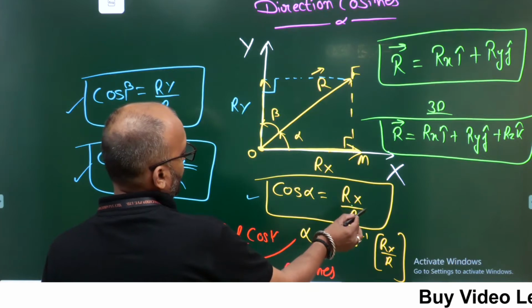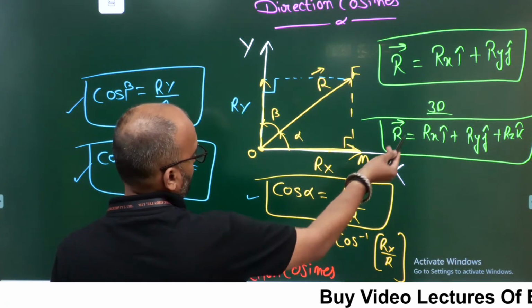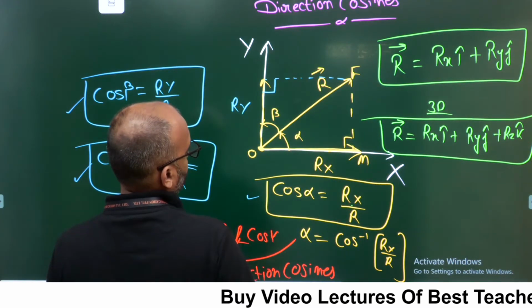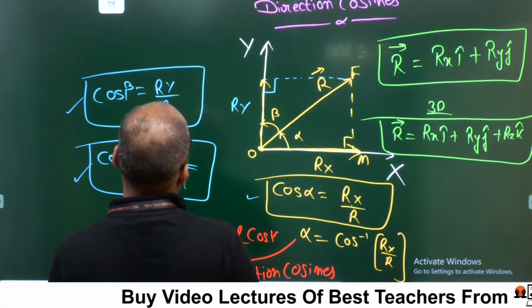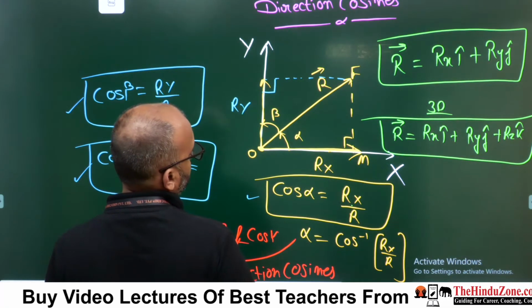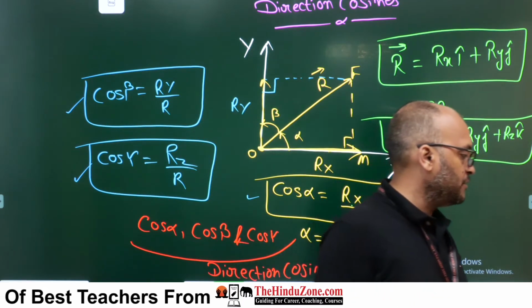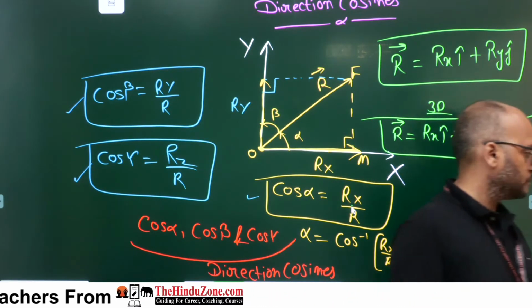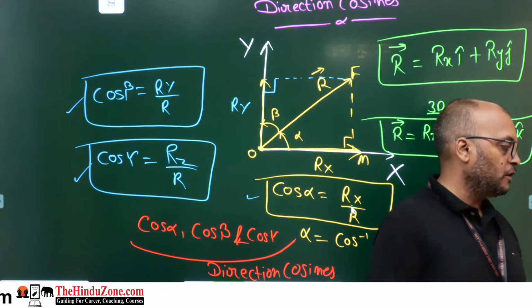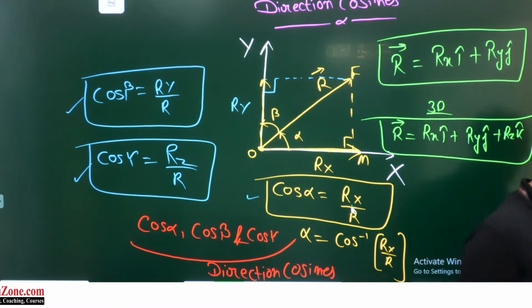So what will be Rx? Rx will be R cos alpha. Yes or no? I hope it is clear to everybody. Please note it down so that we can move ahead.